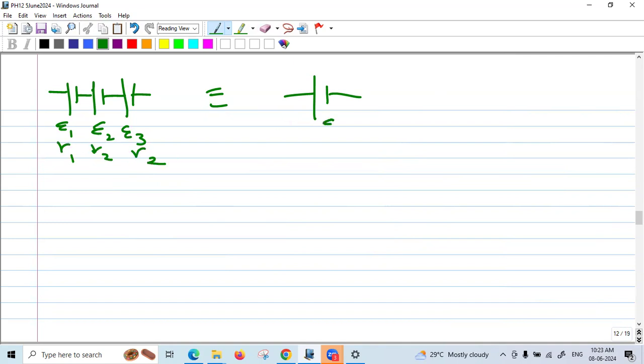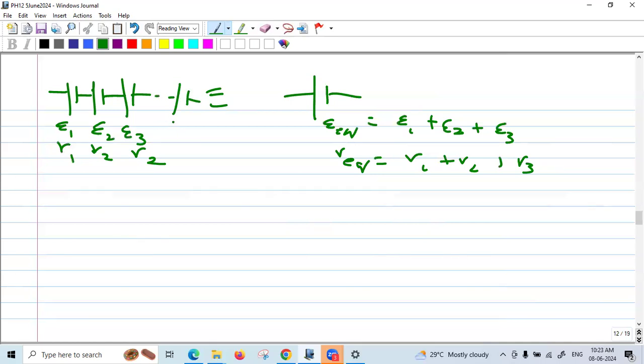So this E equivalent is E1 plus E2 plus E3, and it will have an internal resistance R equivalent that will be R1 plus R2 plus R3. Okay, so I can extend this up to n cells. I can have En and its corresponding internal resistance Rn, so on up to Rn.